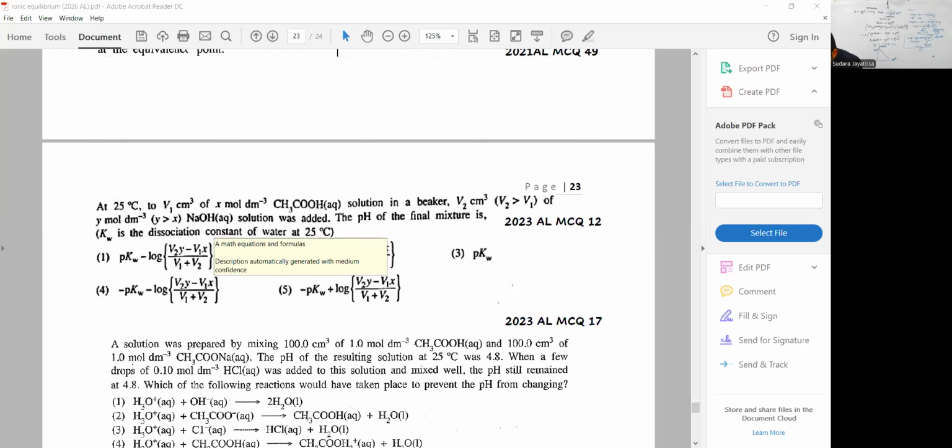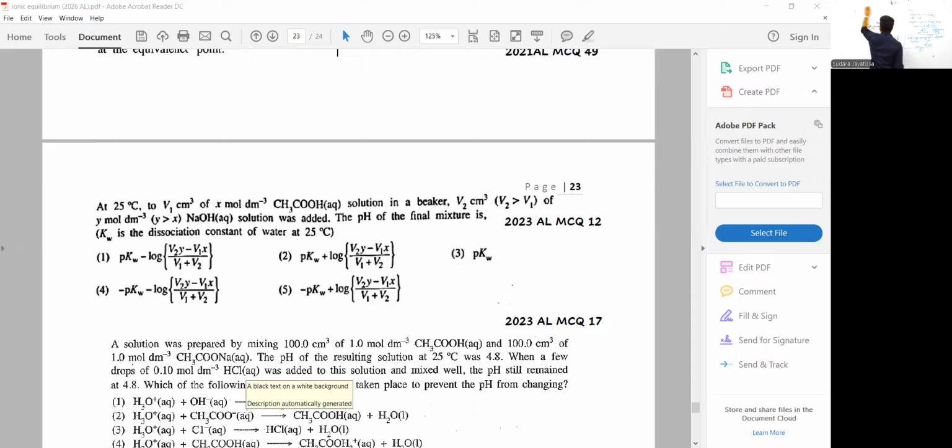2023 A level MCQ 12. Okay, so I'm going to put a diagram for this one.